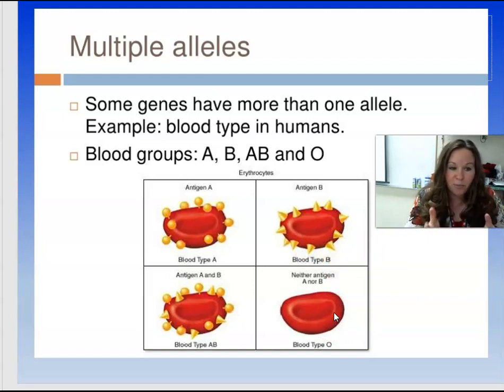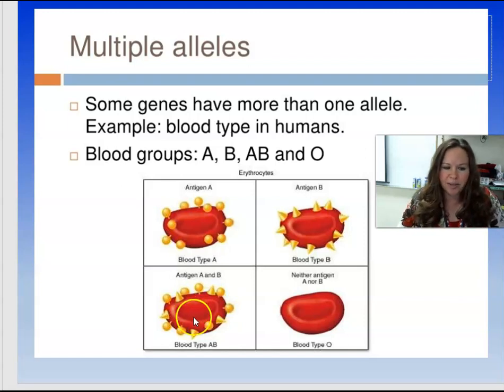So it turns out with our multiple alleles here, A and B are dominant together. They are codominant. Because if you have the heterozygous condition, where you are blood type AB, your red blood cells will actually display both proteins. They will not be blended. I can look at that blood cell and I can say, oh, there's the A antigen.